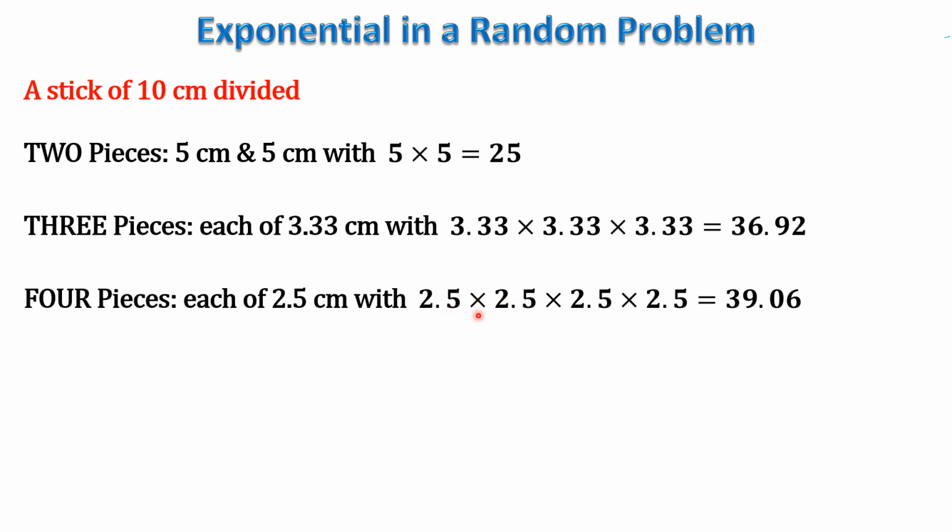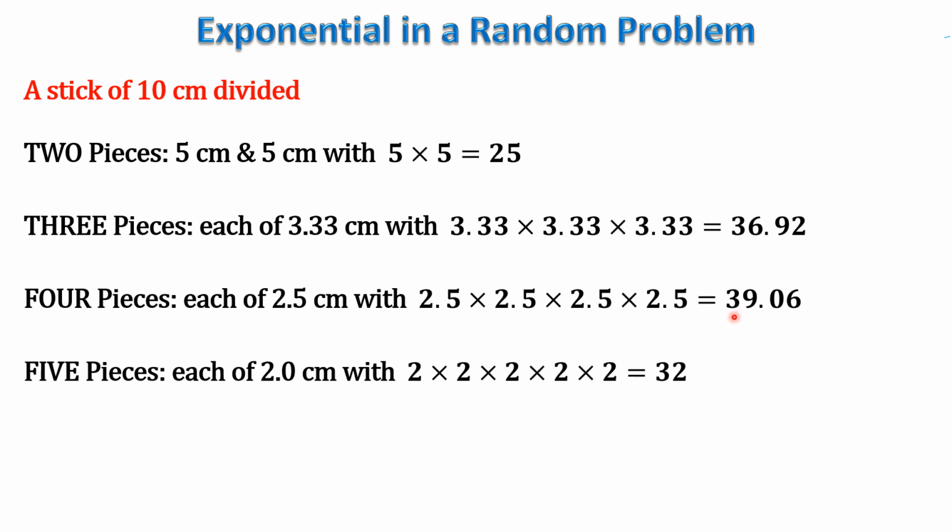Four pieces chopped identically, 2.5 four times, leads to 39.06, and further chopping into five pieces leads to the product 2 to the power 5, 32. So here you can observe that this number is growing from 25 to 36, 36 to 39, and then falls to 32.